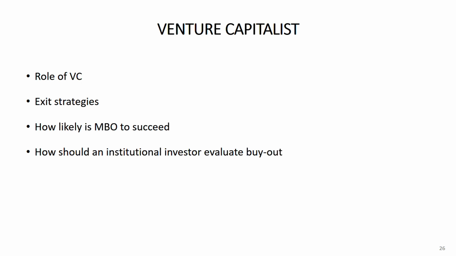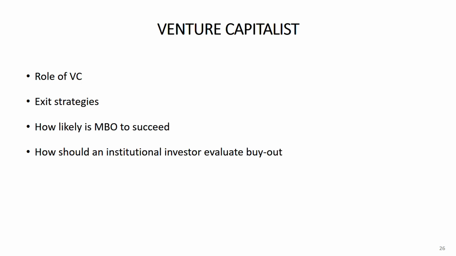Otherwise, they will not. If they feel that any of it is not satisfied, they will not. So you need to know what the questions could be, because when you have to recommend how they should evaluate, or whether the venture capitalist should finance an MBO or not, you should be able to answer these points.